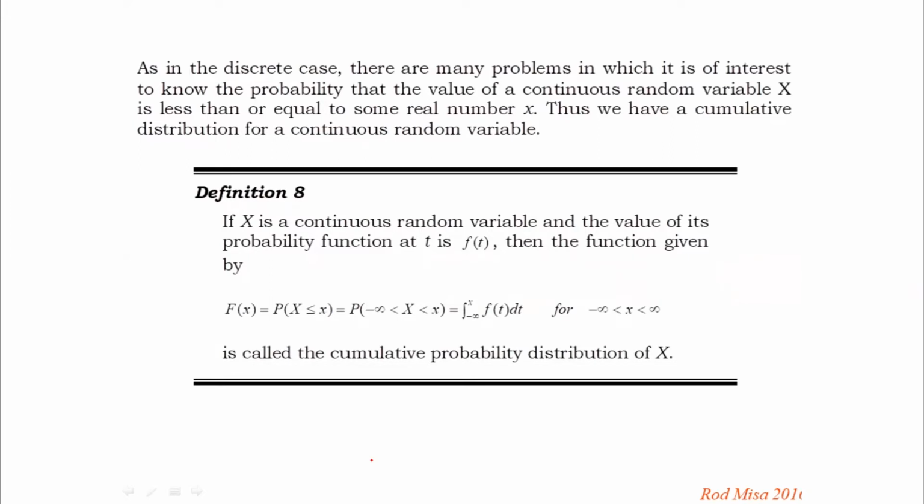And this can be represented as the probability of your random variable x from negative infinity up to x. So solving this one, this is equal to the integral of our probability density function f of t dt from negative infinity to x, where x is from negative infinity to positive infinity. And this big F of x is called the cumulative distribution function of the random variable x.